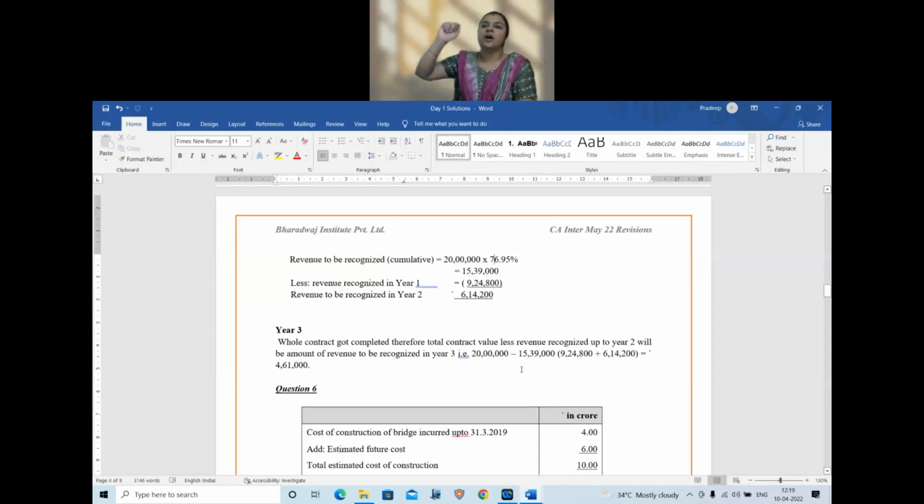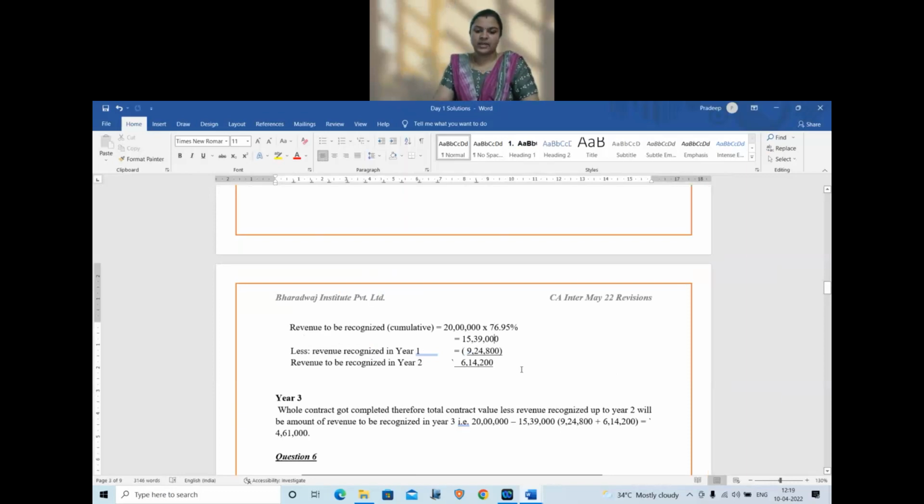What is the actual cost? 8,60,000 plus 4,75,000 plus 3,10,000. What is the total cost? 16,45,000. Is it still less than 20 lakhs? Yes. So that rule we will always check.